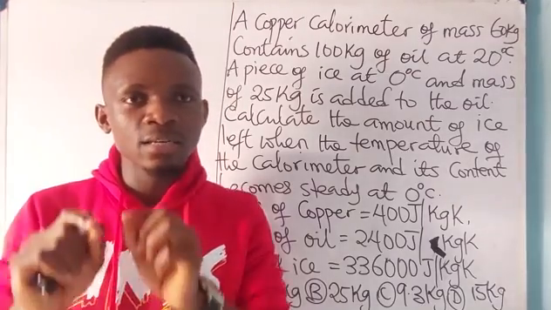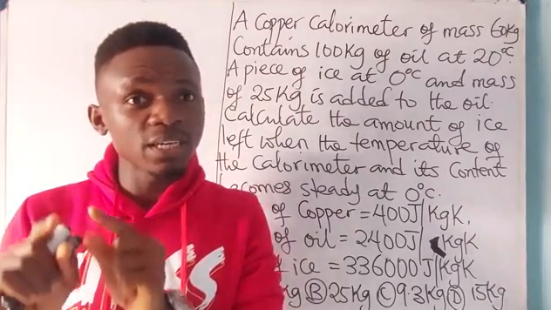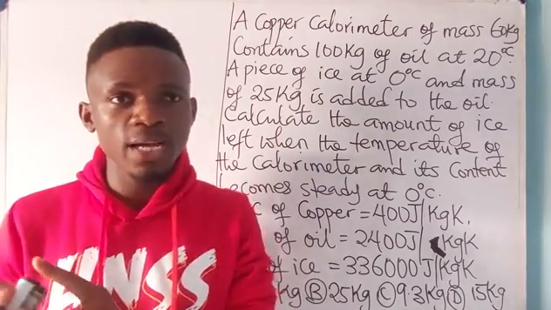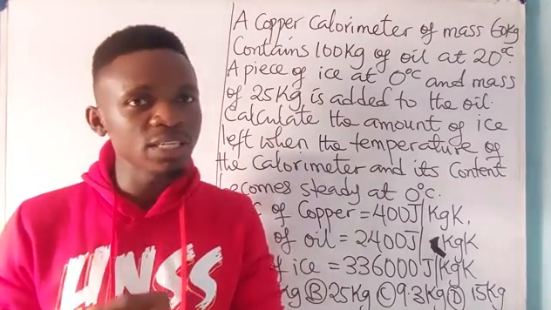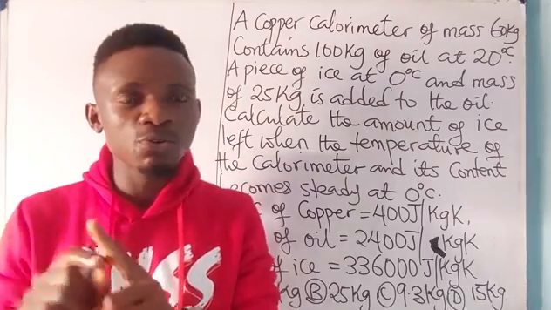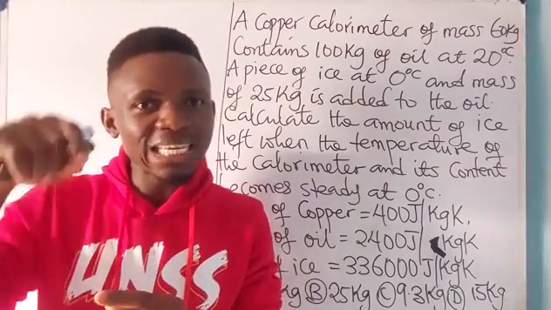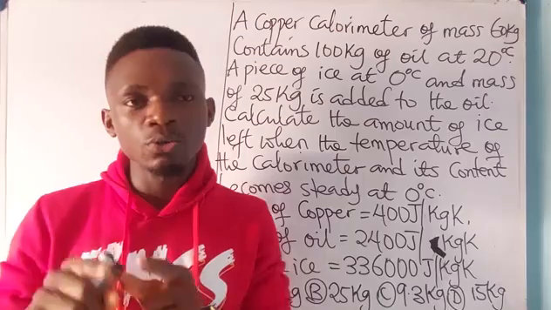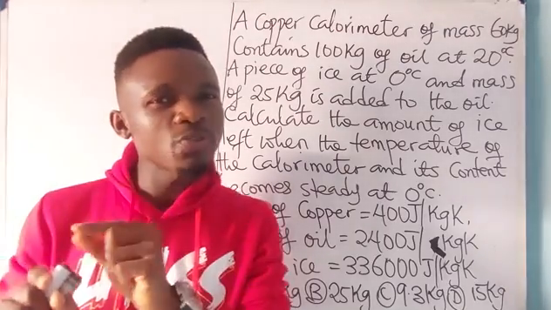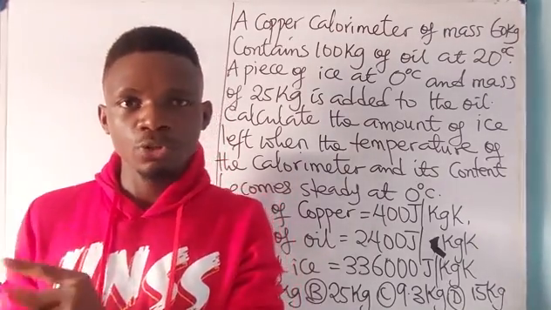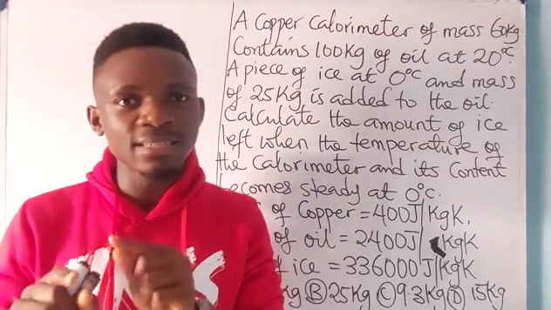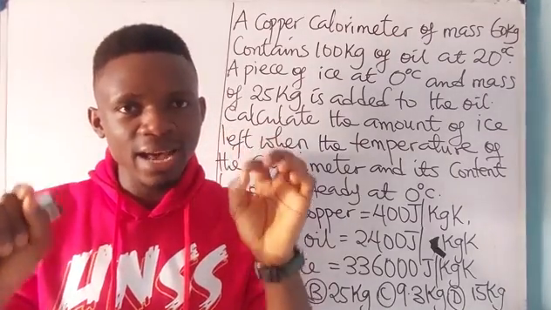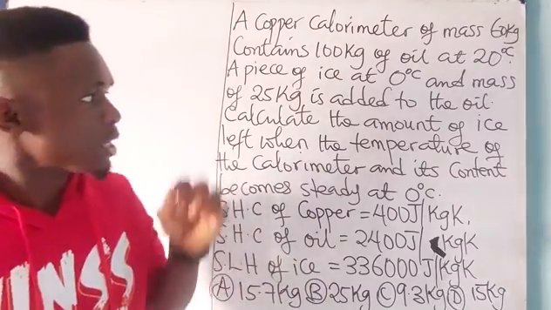Specific latent heat of fusion. The quantity of heat required or needed to change a unit mass of a solid at its melting point into what? Liquid at constant temperature and what? Pressure. You call that specific latent heat of fusion.